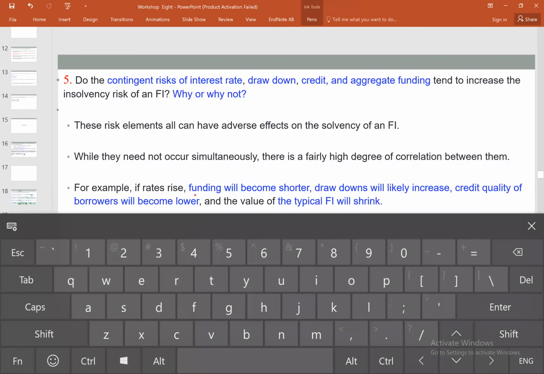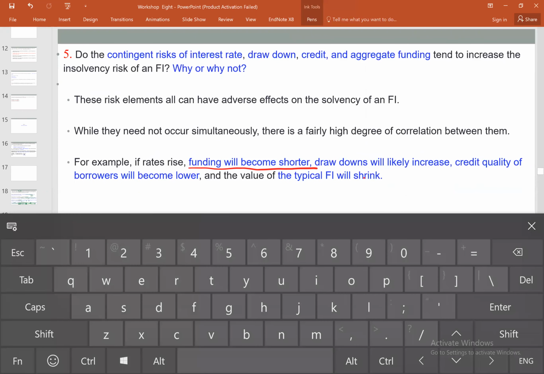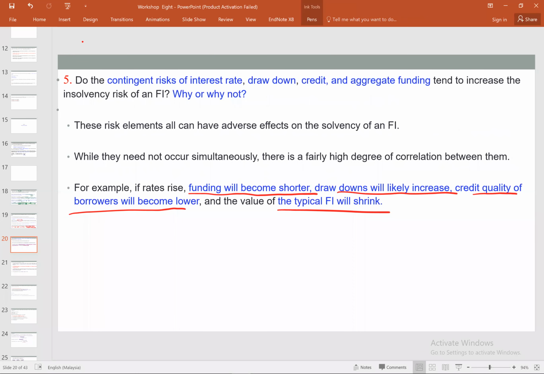For example, if the rate rises, funding will become shorter, drawdowns will likely increase, and the credit quality of borrowers will become lower, and all of those will affect the solvency of the bank. There is a possibility that the credit quality of the borrower will become lower, and you cannot change that.